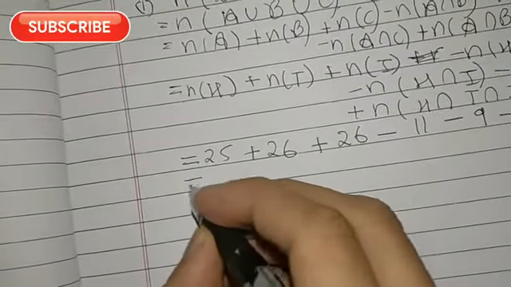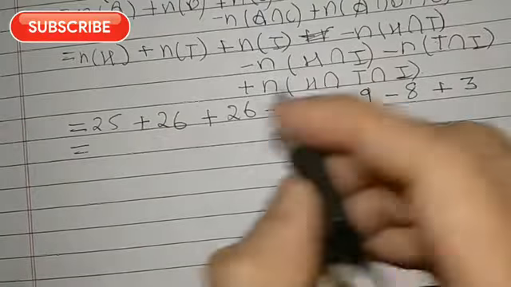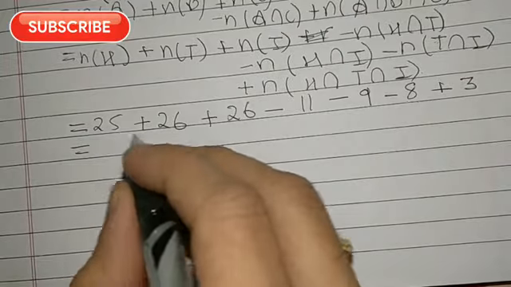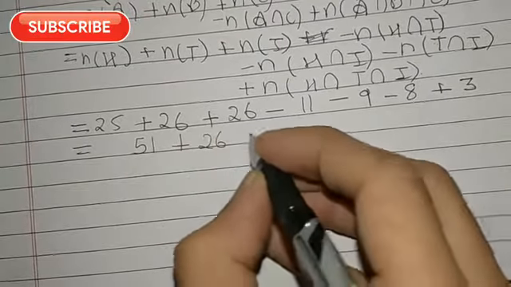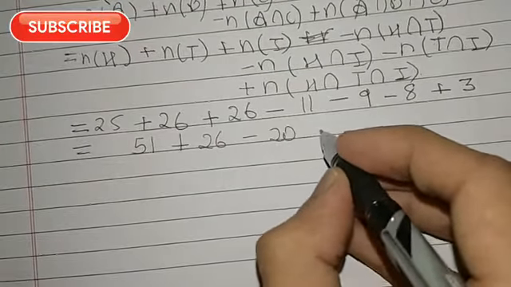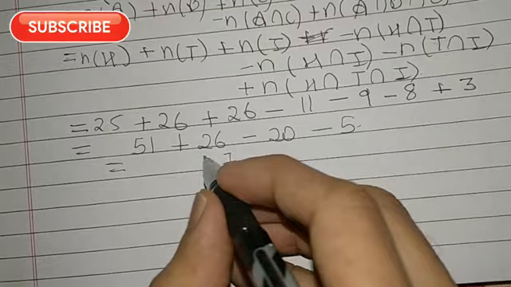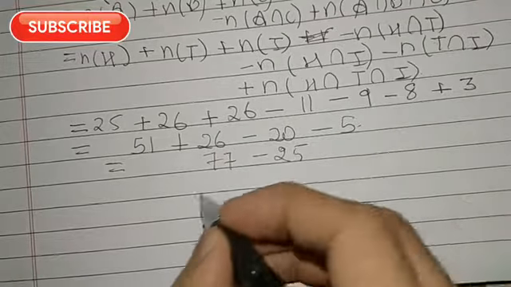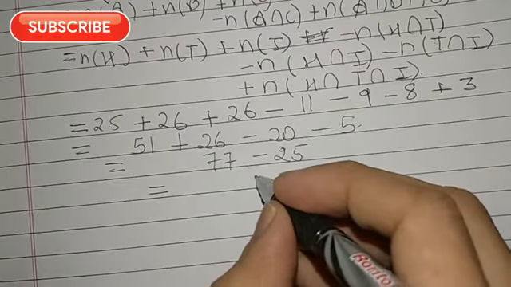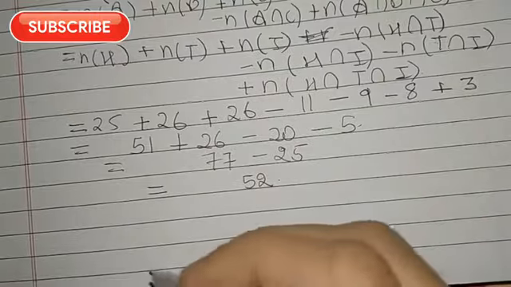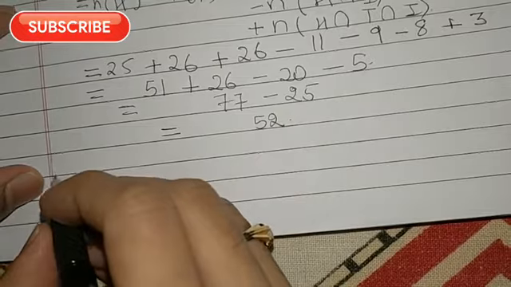If we evaluate this, 25 plus 26 is 51, plus 26 is 77, then we have minus 20 minus 5, which is minus 25. 77 minus 25 is 52. So this is our answer for the first question.